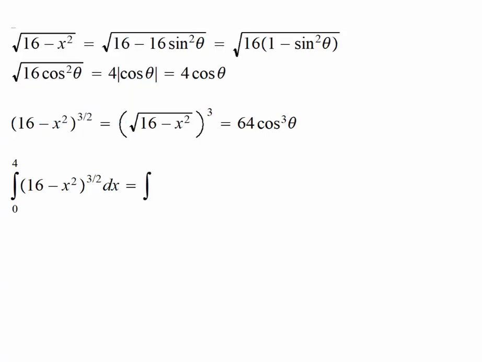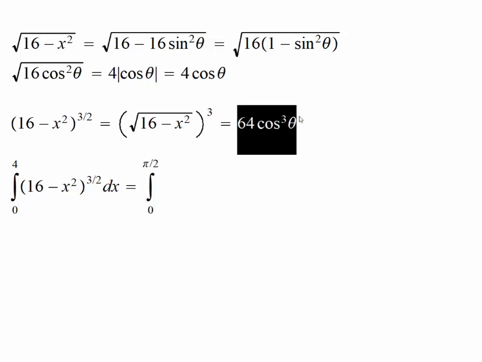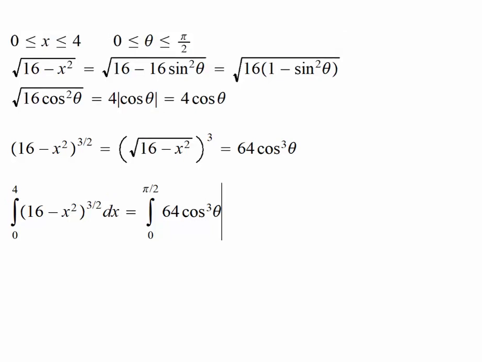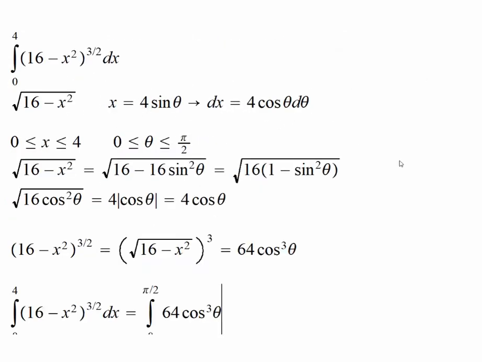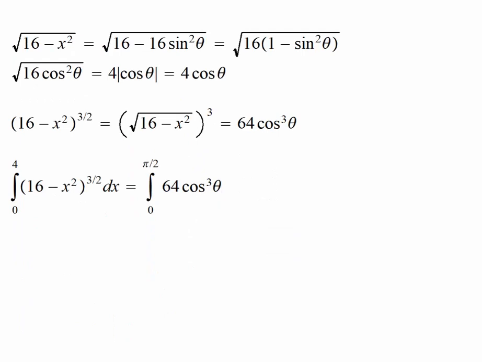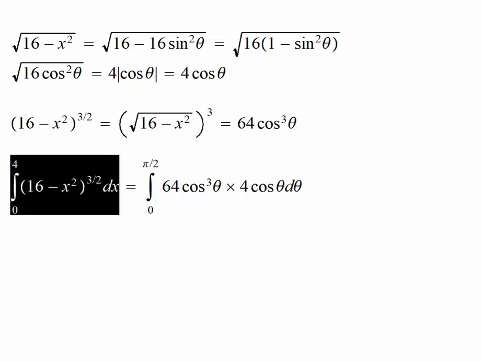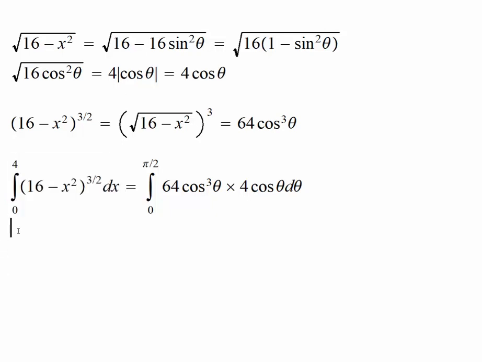Then we have 64 cosine cubed theta, and here we have dx as 4 cosine theta d theta.